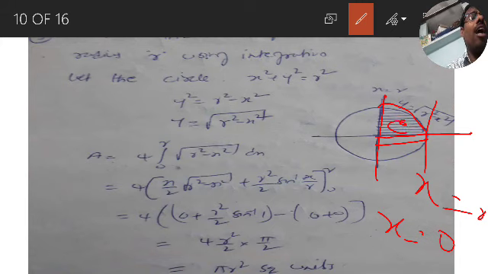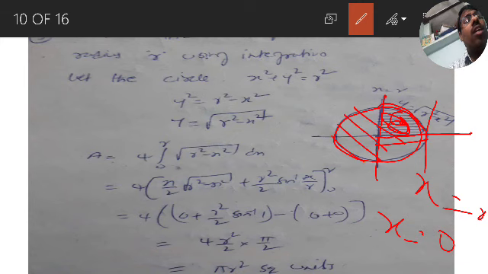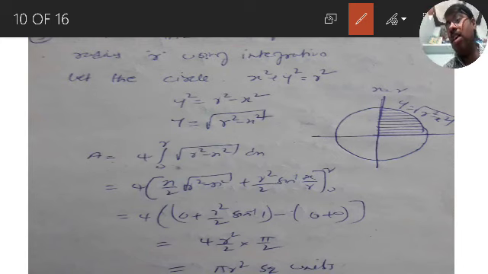Therefore this area can be written as integration 0 to r square root of r square minus x square. But we need not the quarter circle area, we need the total circle area. In order to get the total circle area, multiply with 4. So that is my formula, 4 into integration 0 to r square root of r square minus x square dx. Are you getting, guys? So by the formula we are getting only a quarter circle, multiplying with 4 you will get the total circle.